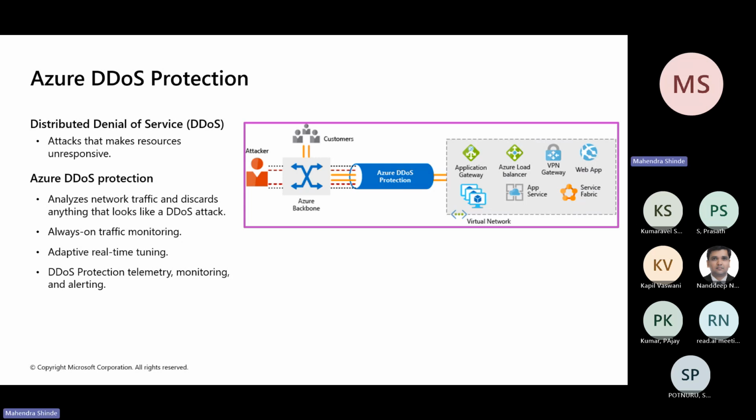In Azure, DDoS protection is a service that allows you to eliminate denial of service attacks, which is a very common type of attack. DDoS is basically a kind of security attack where attackers try to overload your servers with too many requests from multiple locations at once.